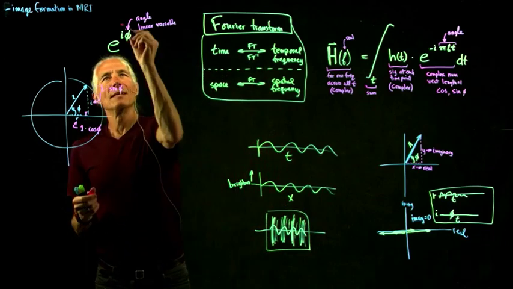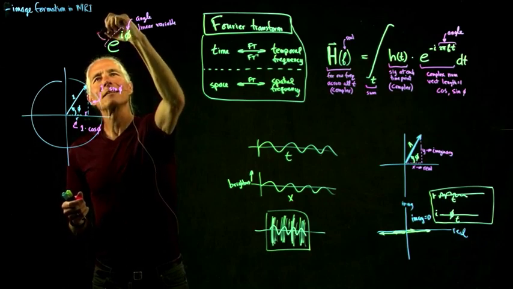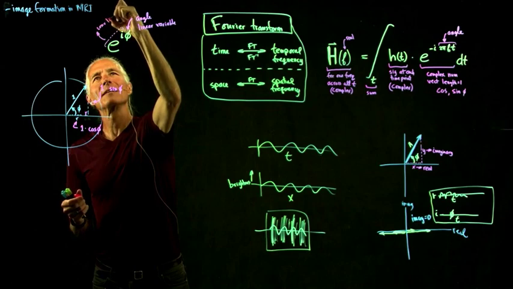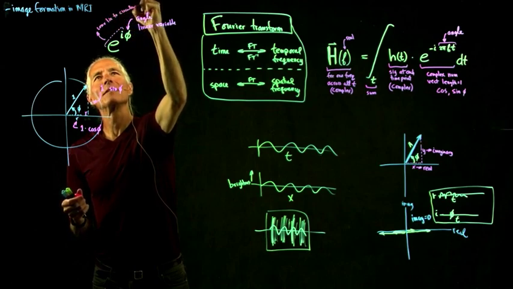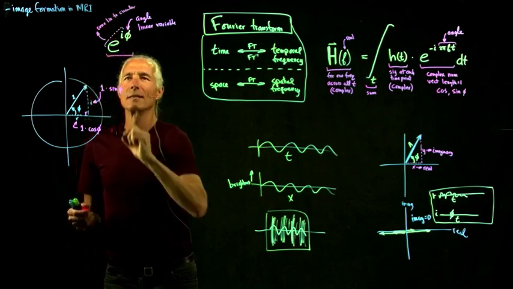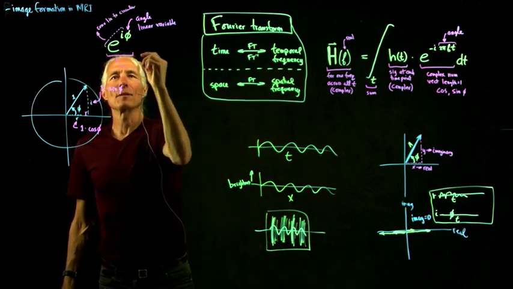And what this guy does is it basically converts linear to circular. That's the way you should think of it. And so what you get out of it is a circular variable.